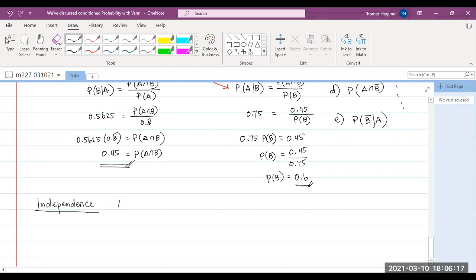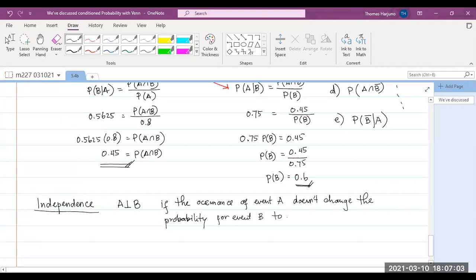We know before that A is independent of B if the occurrence of event A does not change the probability for event B to happen. Vice versa.